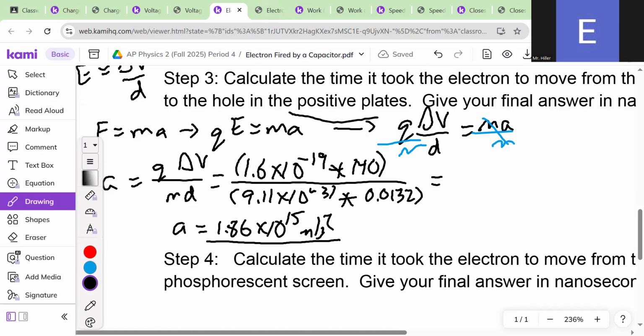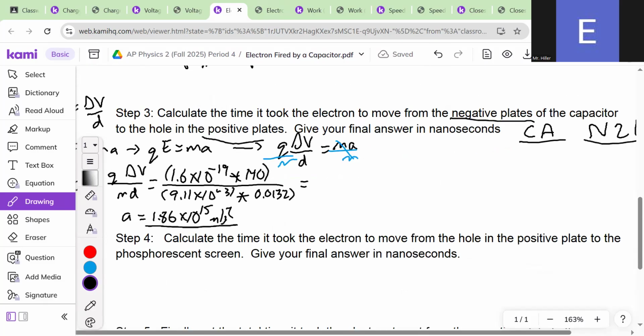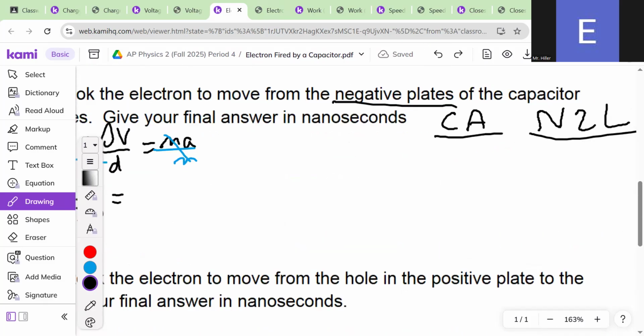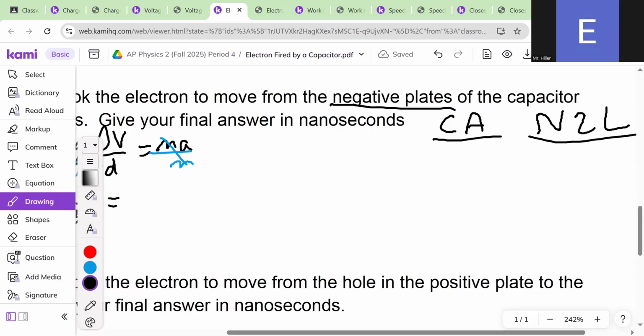Now we need to use this to solve a constant acceleration problem. When you have a constant acceleration problem, you make a list of 5 variables. Delta x, that's the displacement. V final, that's the velocity. V initial, that's the initial velocity, which will be 0 because the charge starts from rest.